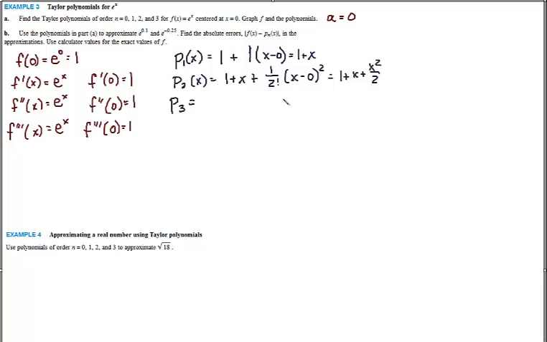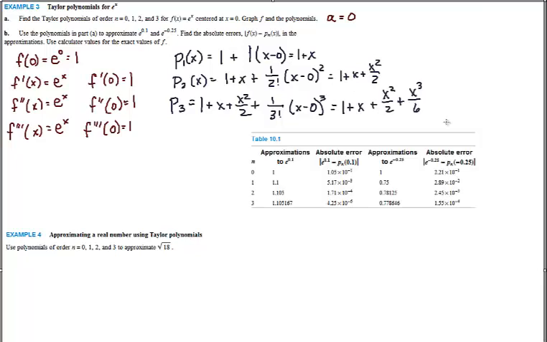P3 is then going to be this whole thing, 1 plus x squared over 2 plus 1 over 3 factorial times x minus 0 quantity cubed. And for this one, you will just get that thing plus the x cubed over 6.